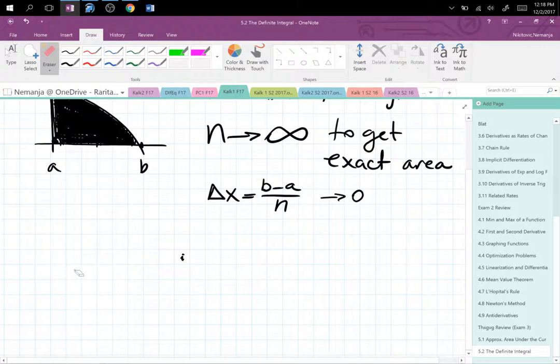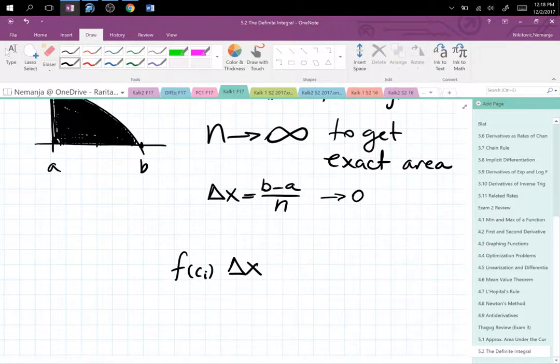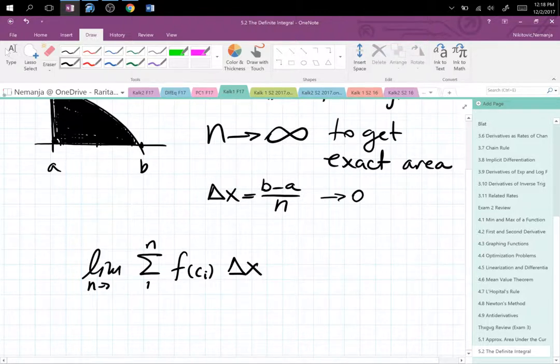I'll do it again from scratch. I start with the function times delta x for a single rectangle. Then I add all of the rectangles from 1 to n that I have. If I have 1 or 2 or 5 or 8, whatever I have, I add them. And then I said, well, instead of using a finite number n, let me send that n to infinity to say that I have infinitely many.